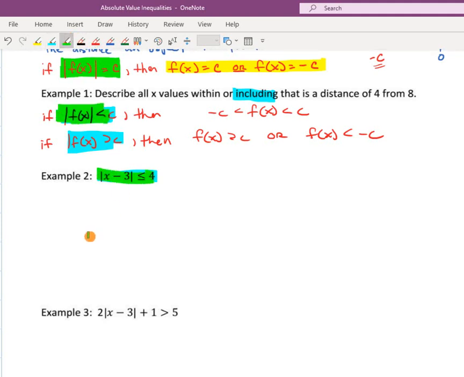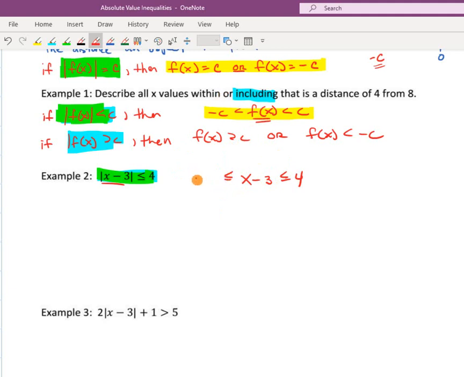So those two match. Then, because those two match, the law of detachment says for your specific problem, you can make this argument. Okay, so for my particular problem, x minus 3 is the f of x. So I put x minus 3 in the middle. My c is 4.